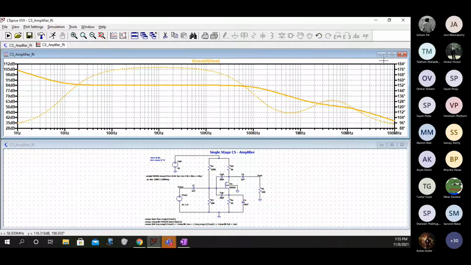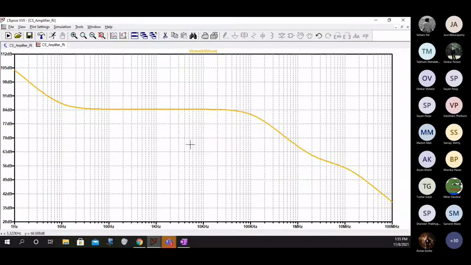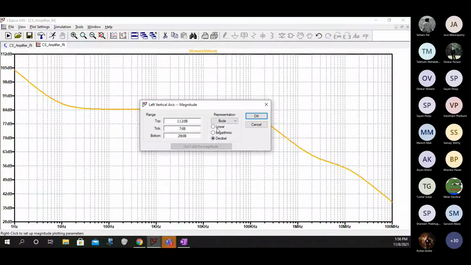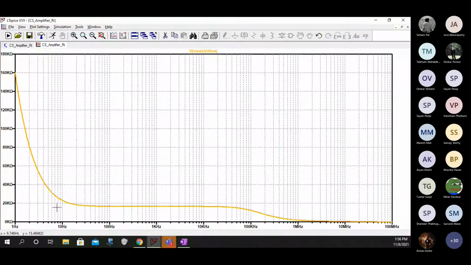So you should see here that in the mid-band range, I'll just remove this, this is actually your value of the resistance. It is saying 84 dB, but our value of resistance is not in dB. So I'll change this to linear, and you can see that now this is the value of my input resistance.